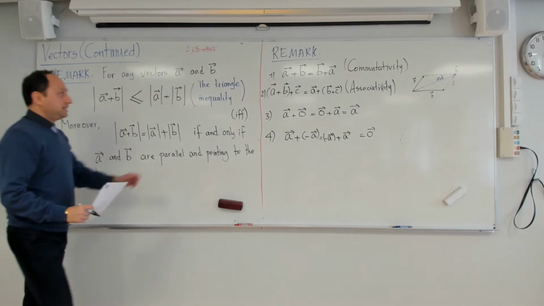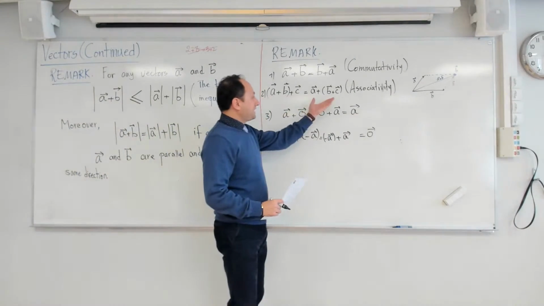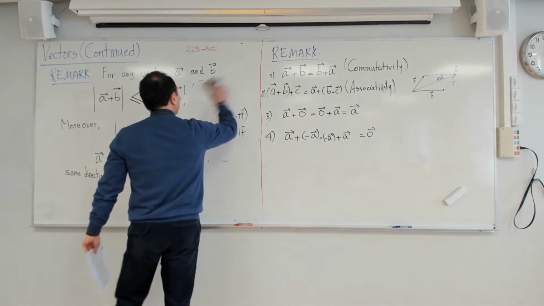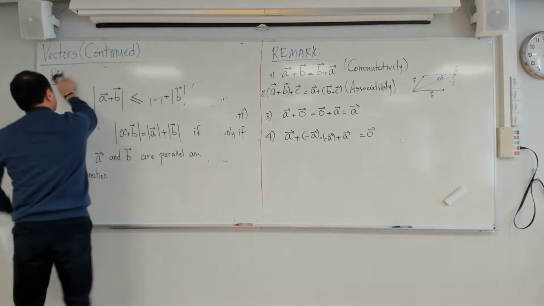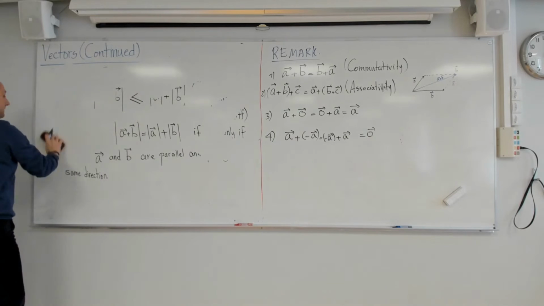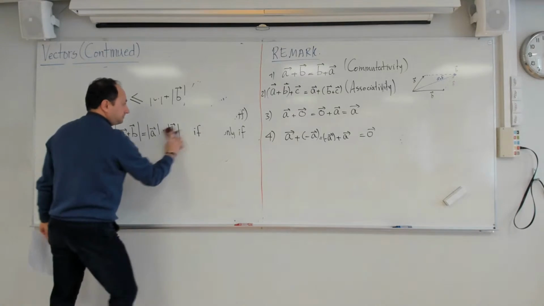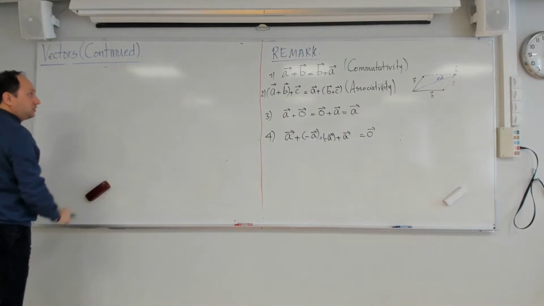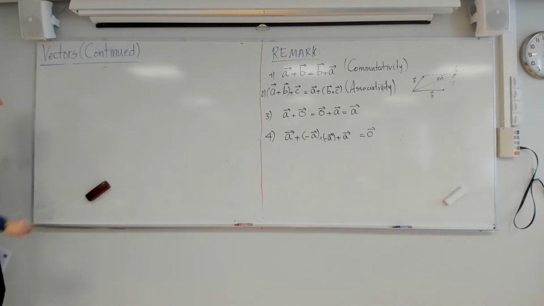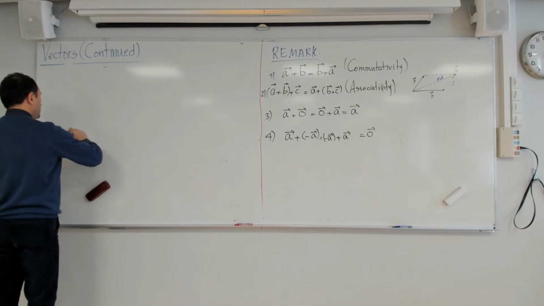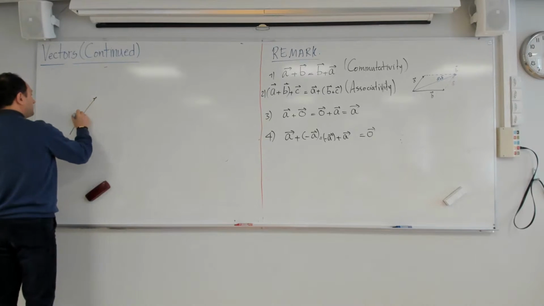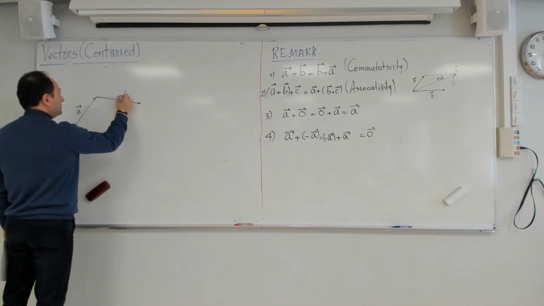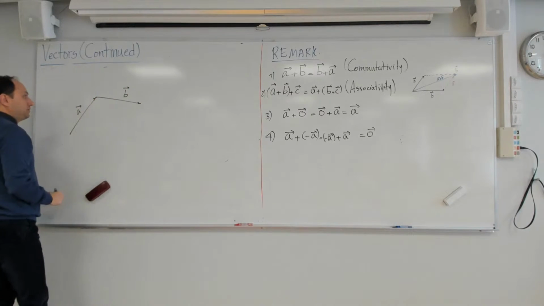Okay, let me draw a diagram for you to at least motivate you why this should be the case. Okay, so for example, to motivate you about number two, let me draw three vectors in this form. So let us have this vector A. Let me have this vector B, which is drawn from the tip of this vector.